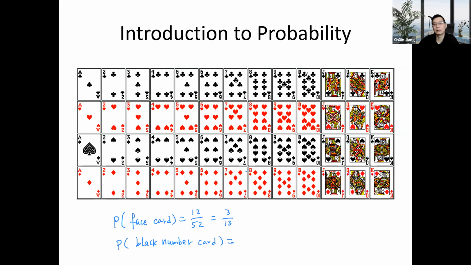Black clubs are also black. So we have 20 black cards out of 52. Why do we have 5 over 26? Two people got 5 out of 26.